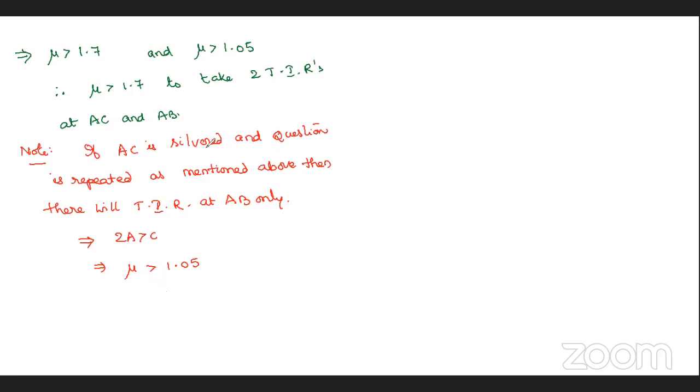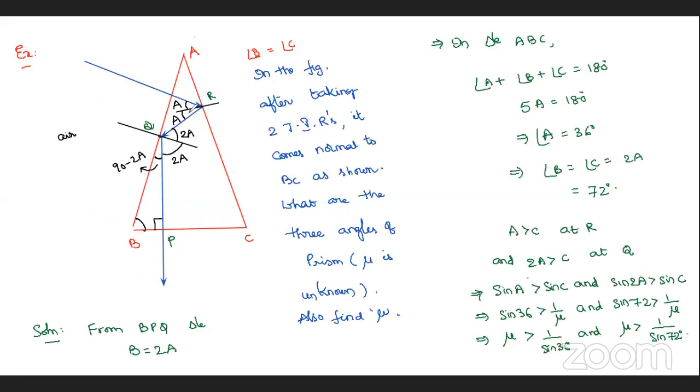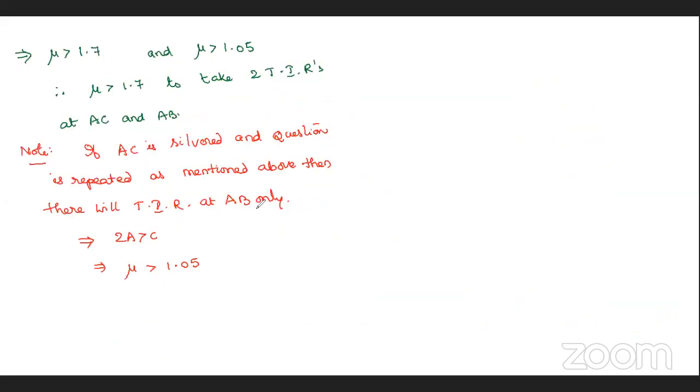Okay. So this is the story. Two models: unsilvered and taking 2 TIRs here, and silvered and only one TIR there at AB. Okay, question is correct? Right, good. So this is one model, and in case of silvering, if they ask the question like this, suppose if I take one example here, and again this is one prism I'm taking.